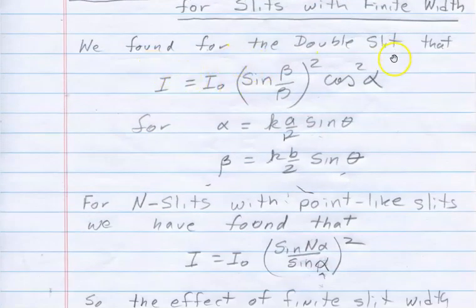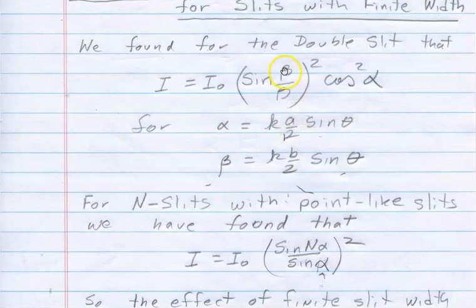We found that for the double slit we got this expression here. Beta is related to the slit width b, so k over 2 b sine theta. And alpha, remember, was related to the separation between the centers of the slits.